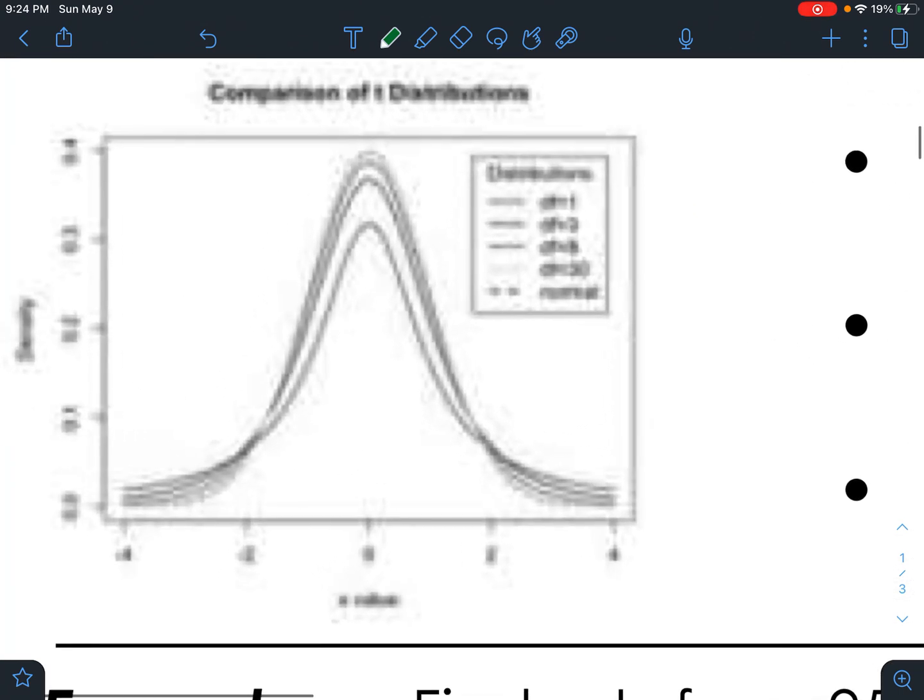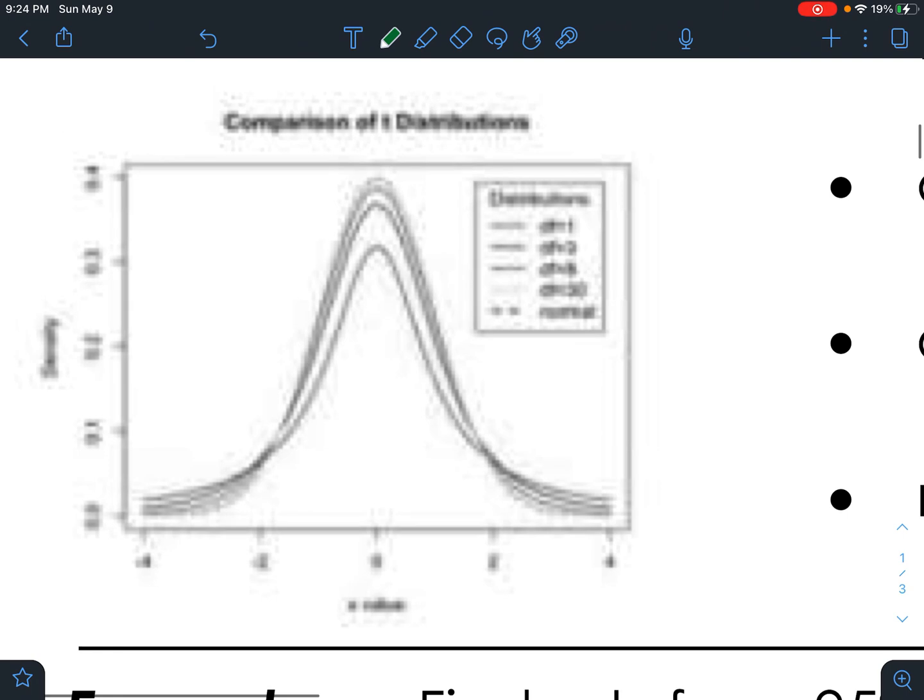You can see here a very blurry image, but I want to highlight a couple things. The first of which, our normal curve gets lower, and then in the peak, it peaks higher. So here in green is our normal curve.